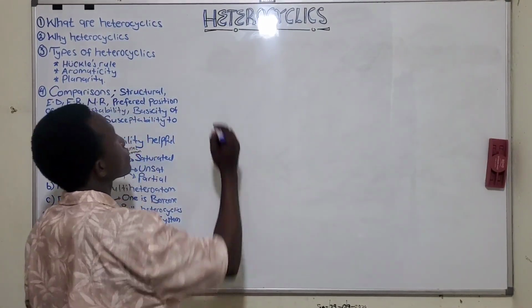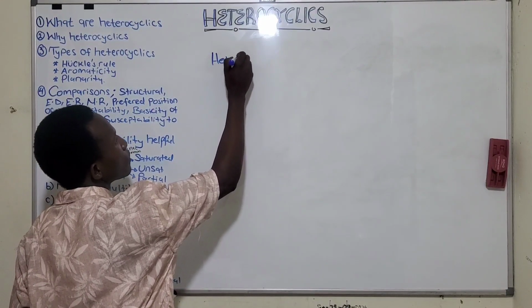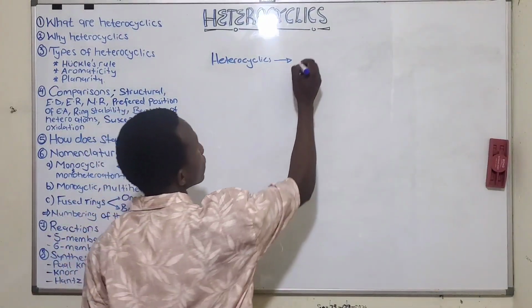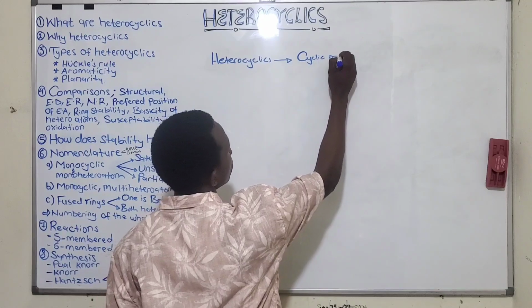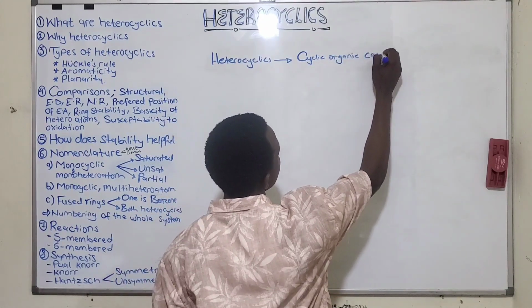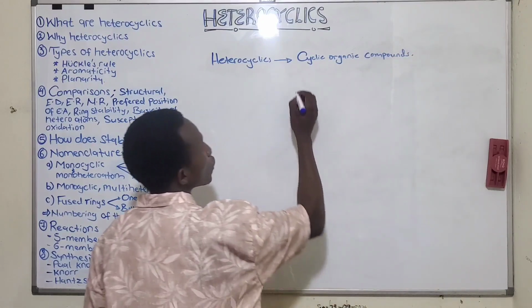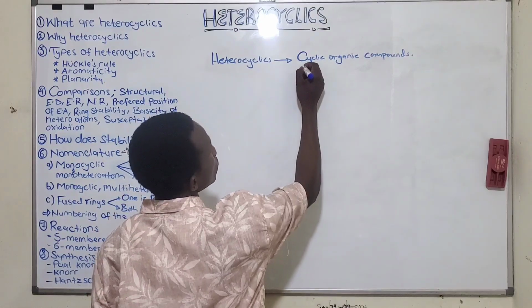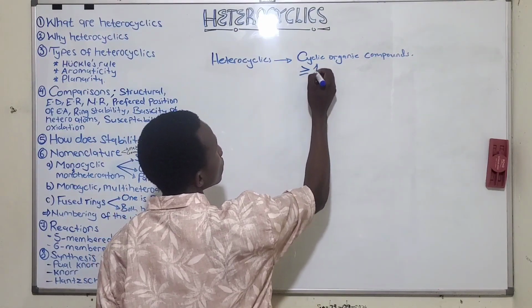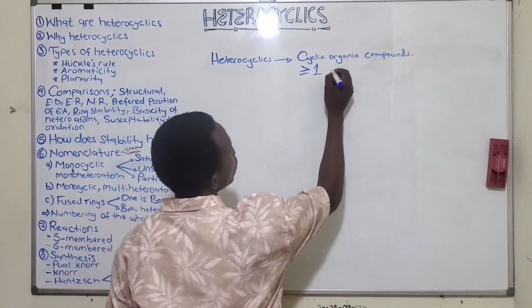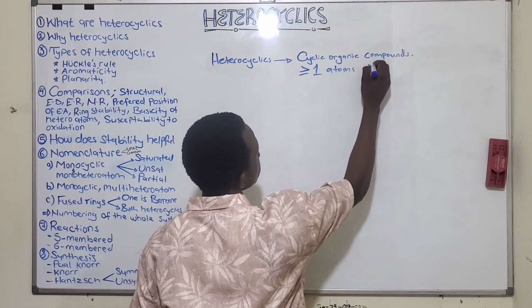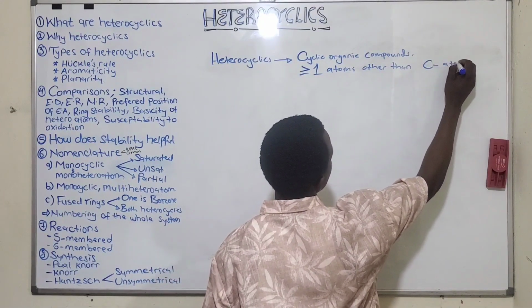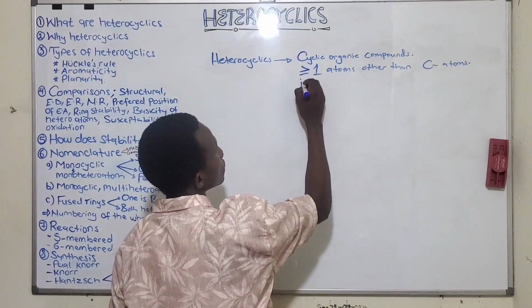Heterocyclics are cyclic organic compounds containing one or more atoms other than carbon atoms in their ring structure.